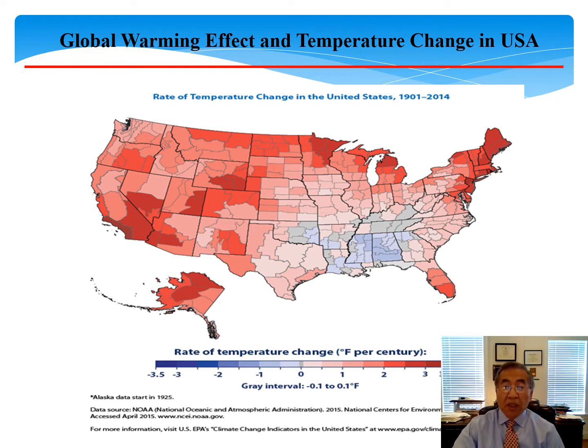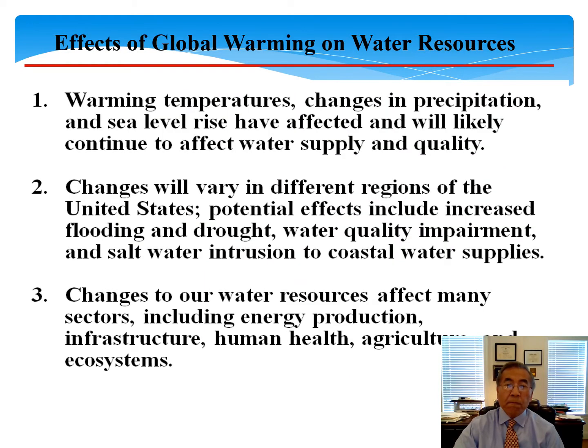The place without temperature increase is in the south near Louisiana and Arizona, which is the gray color area. In that area, the temperature has hardly changed or even decreased a little bit. Now this is a record between 1901 and 2014.